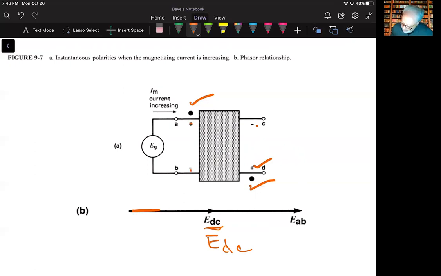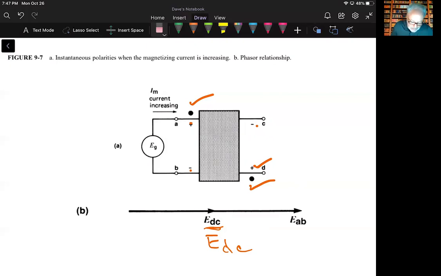And we see that phase relationship here, and the relative length of the phasors shows that EAB is a larger voltage than EDC. So we're inputting a larger voltage, getting a smaller voltage out, but they are in phase if we are connected in this manner.